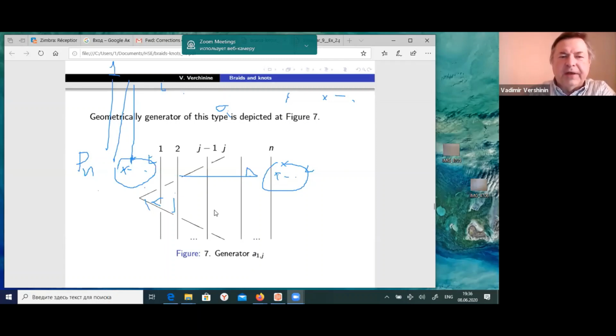All these elements Aij with j less than n are killed. So it means that you can only consider the elements A_{i,n}.